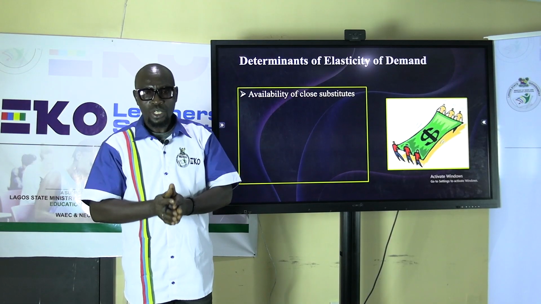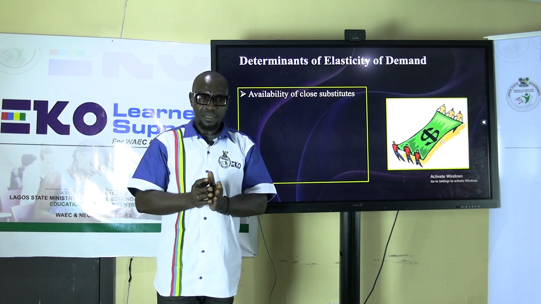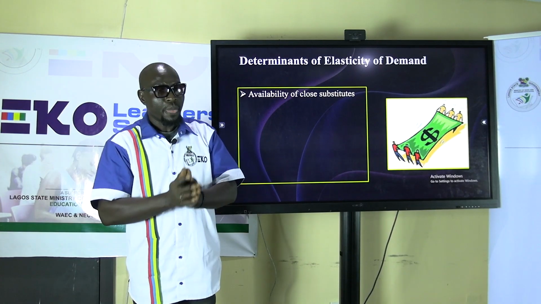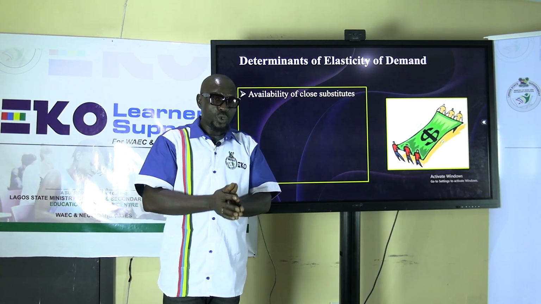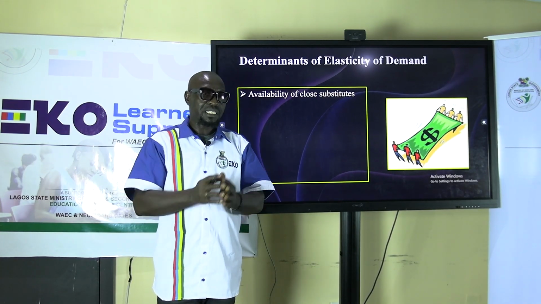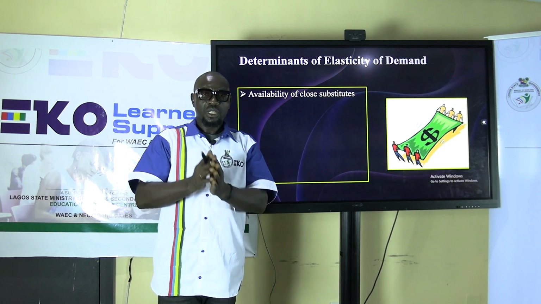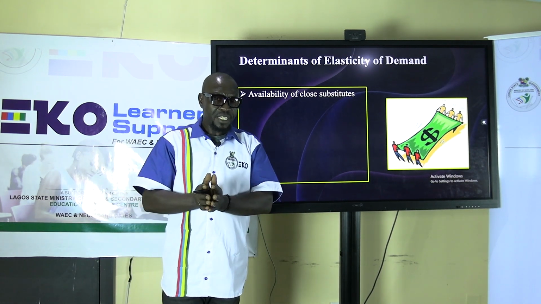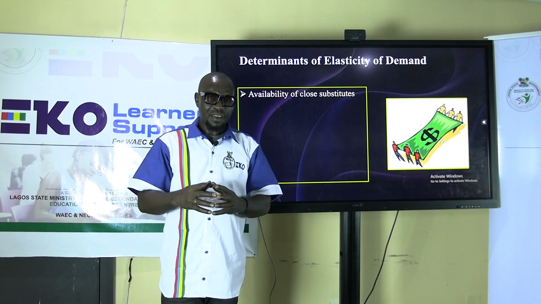For example, if you look at detergents, you have different types. So one detergent can be easily used in place of another. So if detergent A is not available, then you go for detergent B. They do the same thing for you. So you're actually indifferent as to which one you use. Those are very close substitutes.